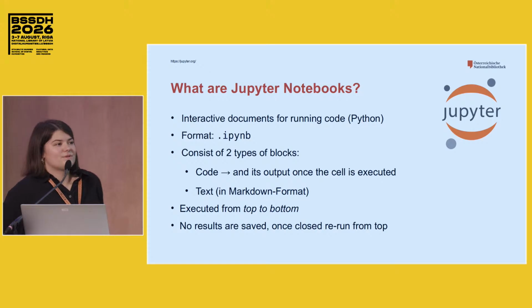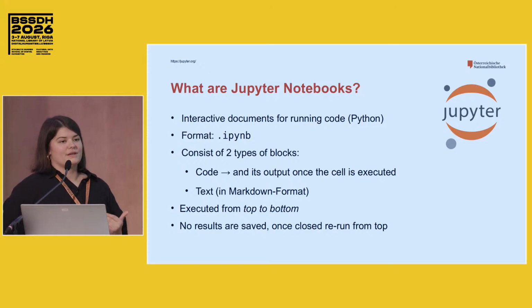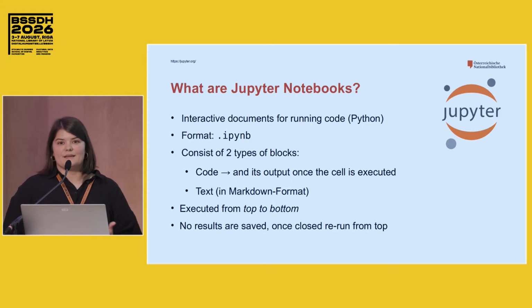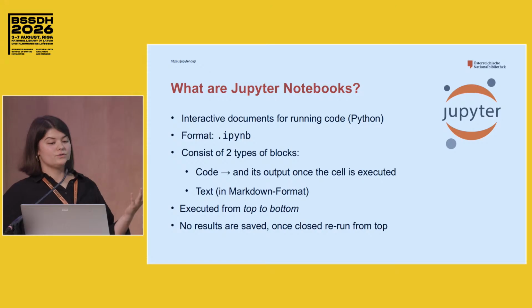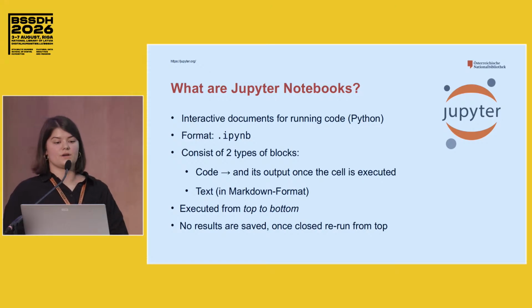So basically, Jupyter notebooks are interactive programs where you can run Python code. And the big advantage of them is that they don't look like scary programming code, because you can have two types of blocks. First of all, you can have code, which is Python code, which you can compile.